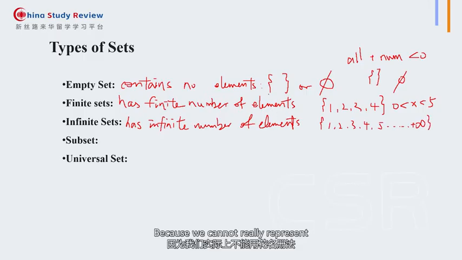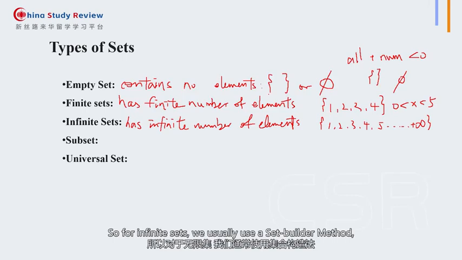Because we cannot really represent an infinite set with the roster method, where I write everything inside the curly braces. This is called the roster method, and it is usually not available for infinite sets because there are infinite numbers of elements.